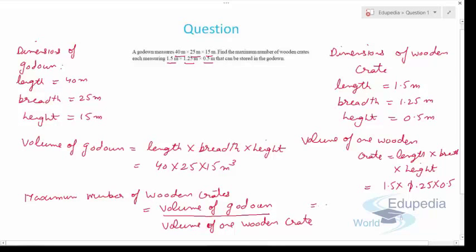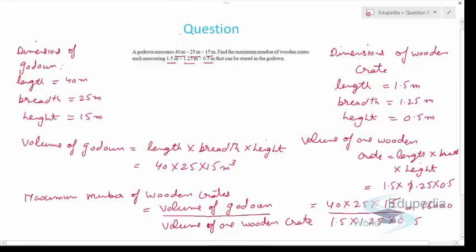So this will be equal to 40 times 25 times 15 upon 1.5 times 1.25 times 0.5. Now when you solve this, the answer will come out to be 16,000.